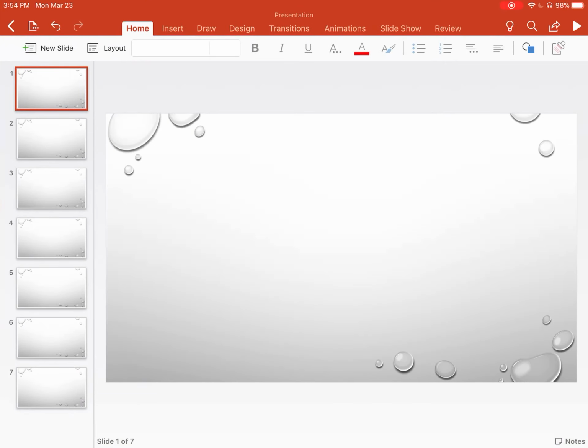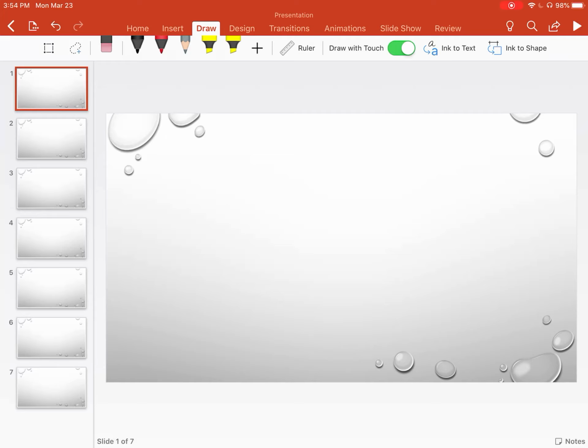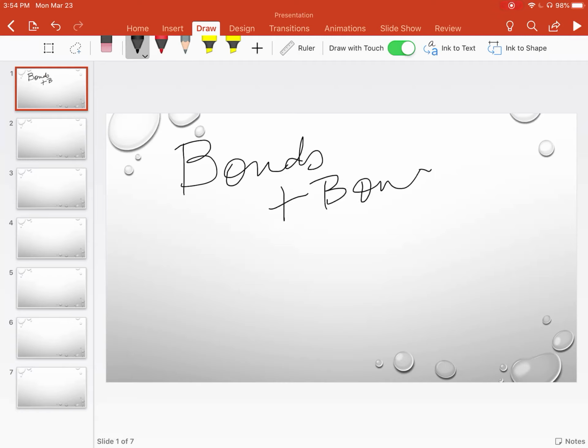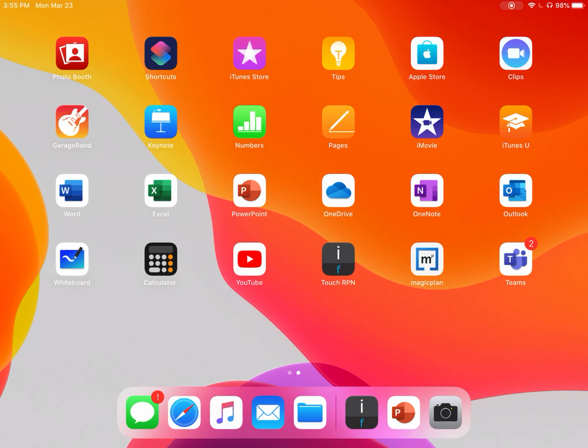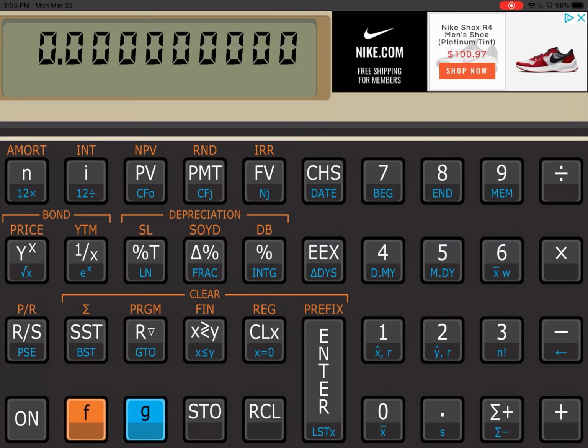For all intents and purposes, we're just going to label this as bonds, and we'll be looking at bonds and bond valuation. You can follow along, and if you have questions, you can email me back later. We're going to be moving back and forth between the PowerPoint and the calculator, just so that you understand exactly how things work together.